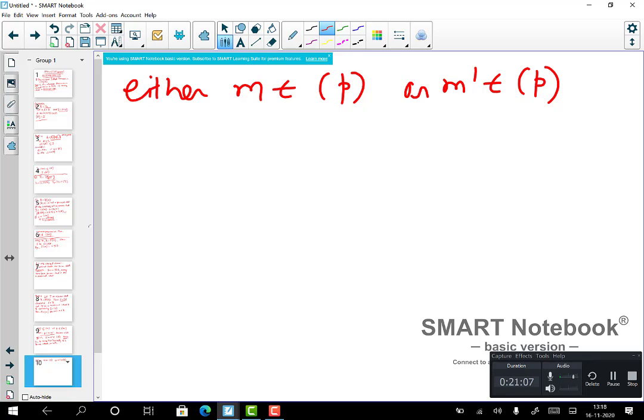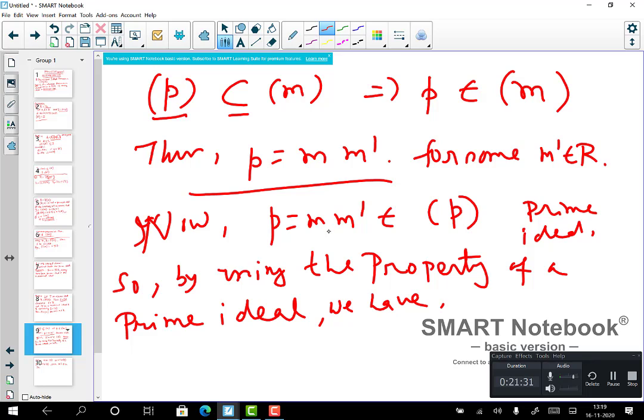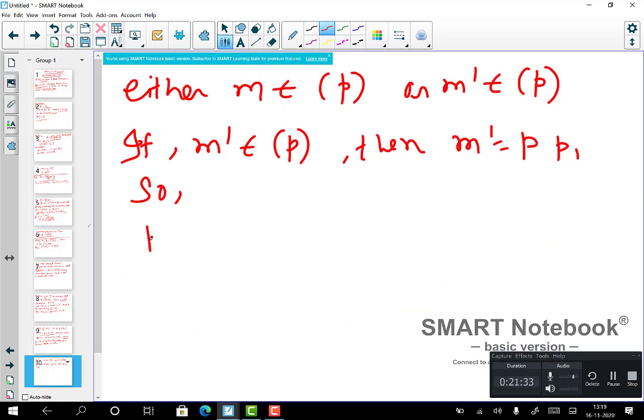I don't know, let us see. What happens if m dash is an element of the ideal generated by p? Then m dash will be a multiple of p, so m dash will be p times some p1, right? You know that already p equals m into m dash, so you can use that: p equals m into p into p1.